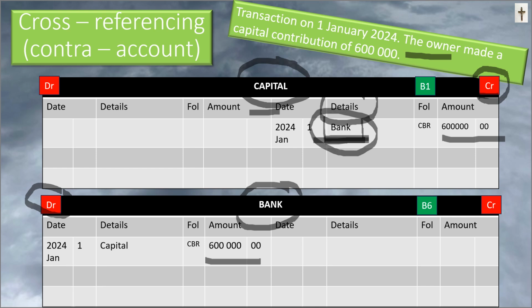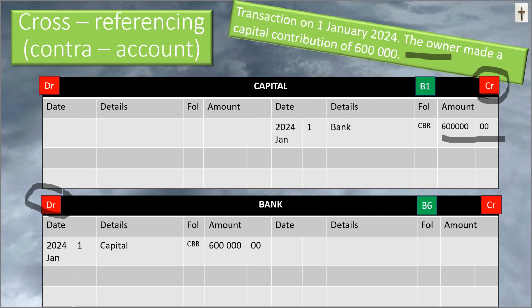It goes under details. And the contra account to bank is capital, which appears under details in the bank account. Now these two contra accounts underneath the details column, they link the two accounts.